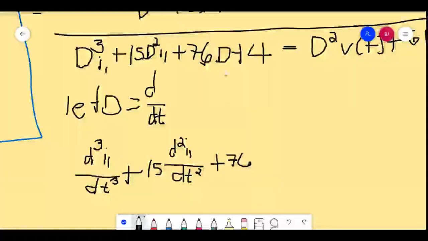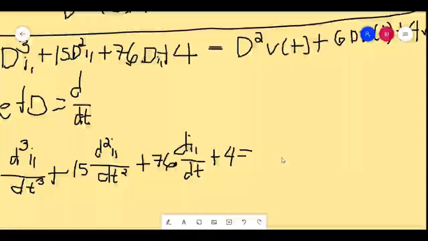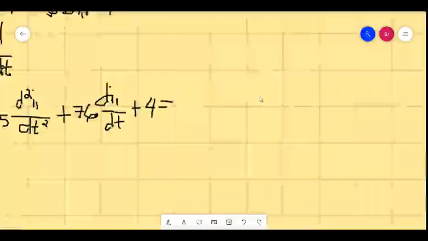And how about 76d? It becomes 76 dI1 over dt, sorry, this has to have I1 here, plus 4 I1 equal to d squared vt.